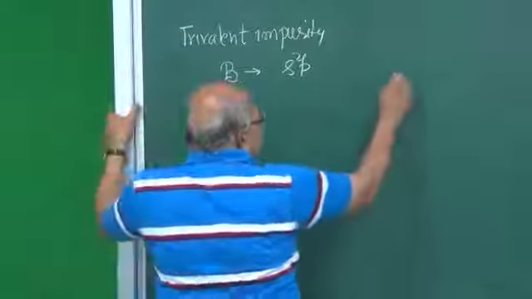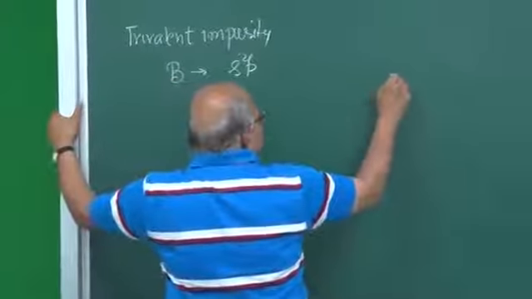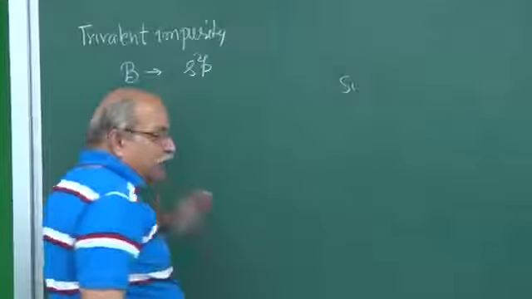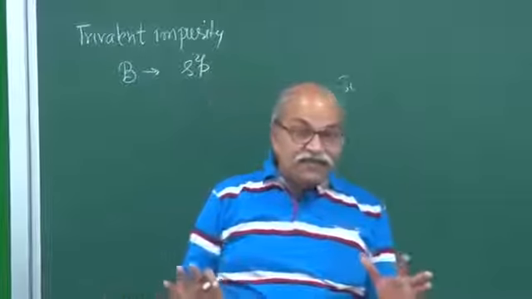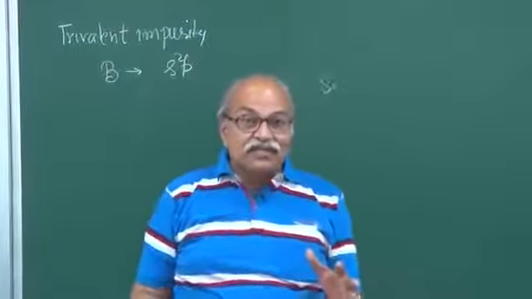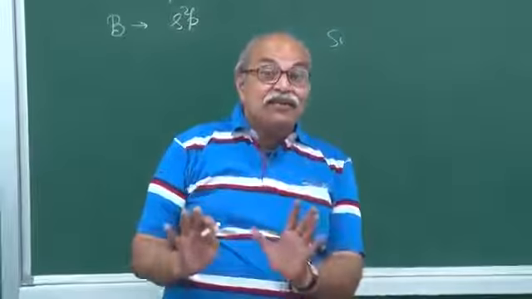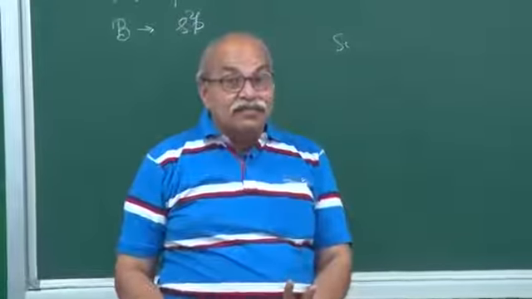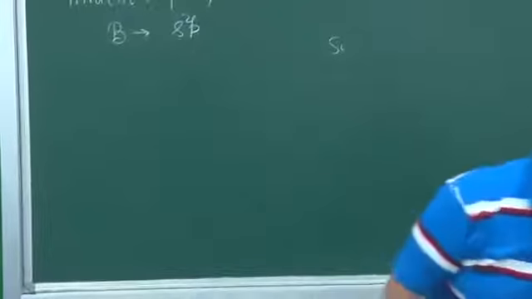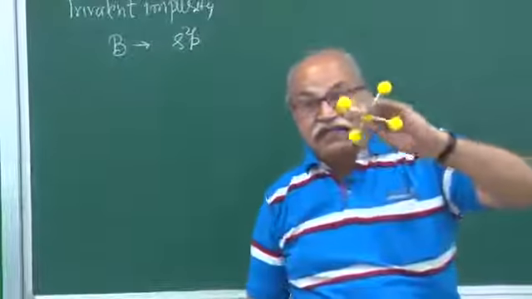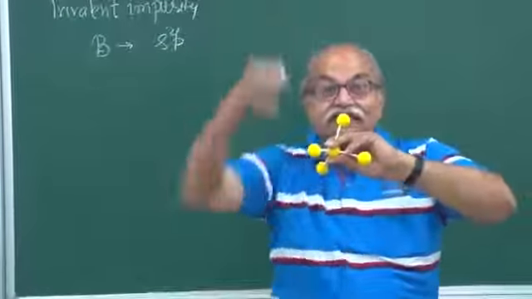So if this is doped in silicon, what will happen? Suppose you have this silicon crystal, and once again doping is a very sophisticated metallurgical process. You have to retain that silicon crystal structure, this kind of structure, in the entire 3 dimensions.